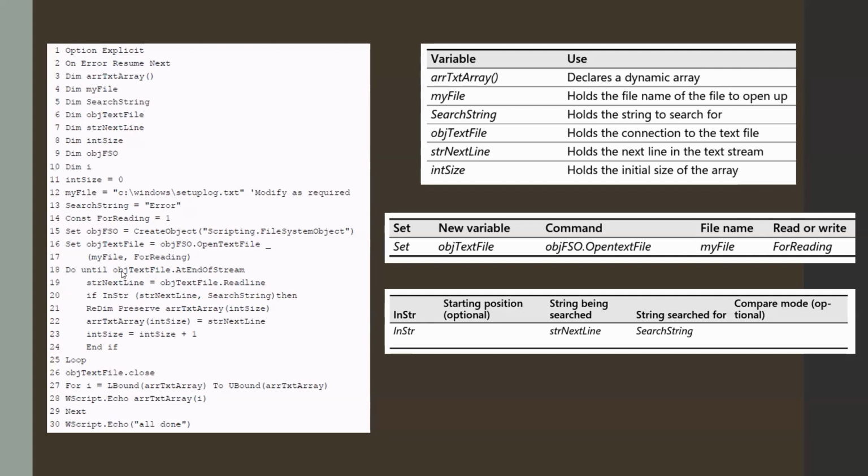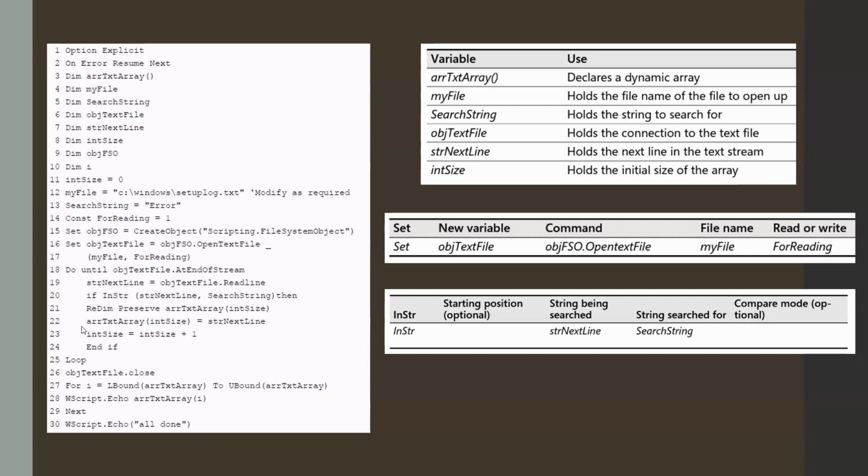Here, until the end of the script file, I'm going to read in a line. If in the string it exists what I'm looking for, so here I'm looking for the word error, if the word error exists, I'm going to retain that line of information into the text array. If not, I'm just going to keep reading.